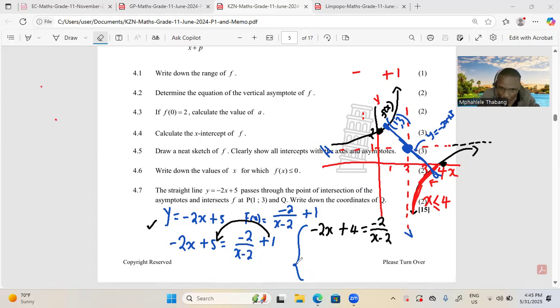Then you cross multiply: minus 2x plus 4 times x minus 2 equals negative 2.